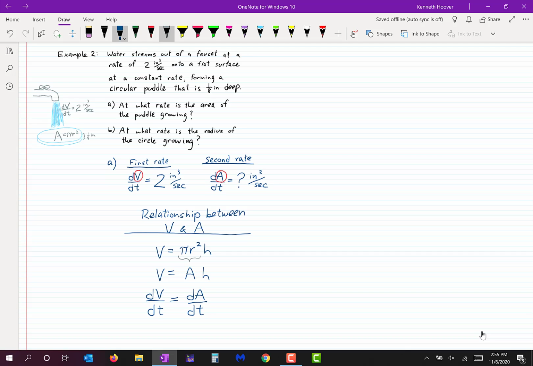Do I need the product rule here? Let's think about that. Should I write the derivative of A times H plus A times the derivative of H? Should I write that? That's the product rule.